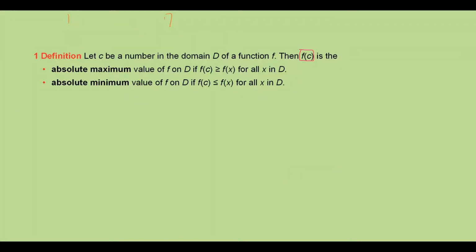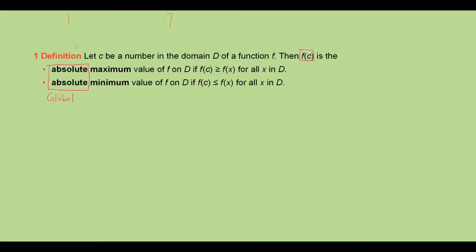Now, this definition can be a little bit confusing in the beginning, so let's break it down into different parts. First of all, absolute maximum or minimum are the same thing as global maximum or minimum.